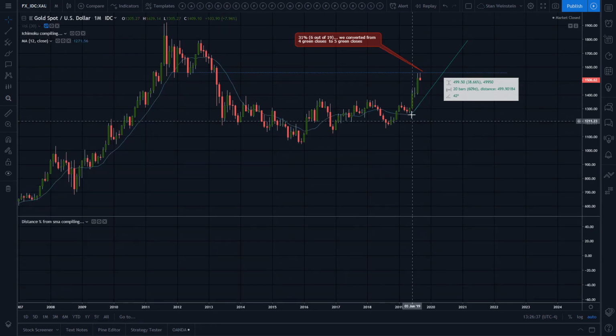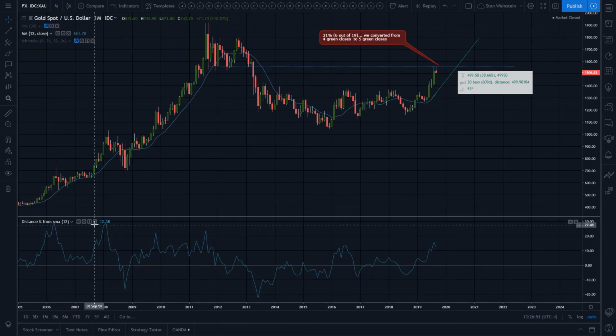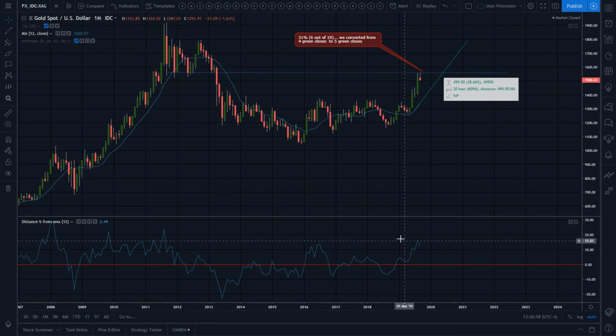Knowing that you had 4 consecutive closes, and statistically you have a 33% chance of having a green close, and having 2 green closes consecutively, you go down to 10%. It's already been stretched a lot more before, but there was no overhead resistance when that happened. So total weight of evidence, you're getting stretched, you're approaching monthly defined resistance.